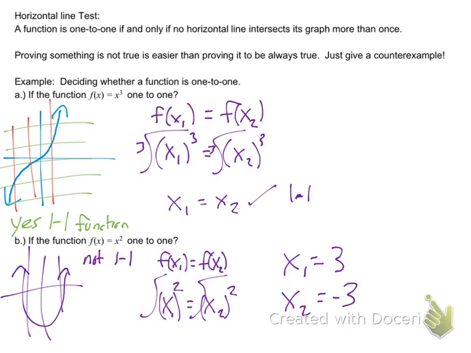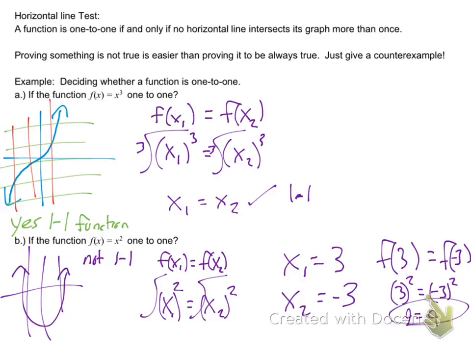And what happens? f of 3 equals f of -3, which is 3 squared equals -3 squared, which is 9 equals 9. They're not the same value going in, but they give us the same value on the way out.